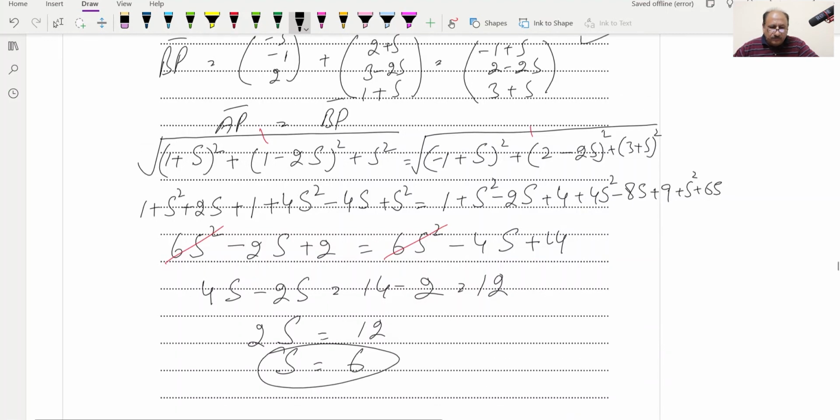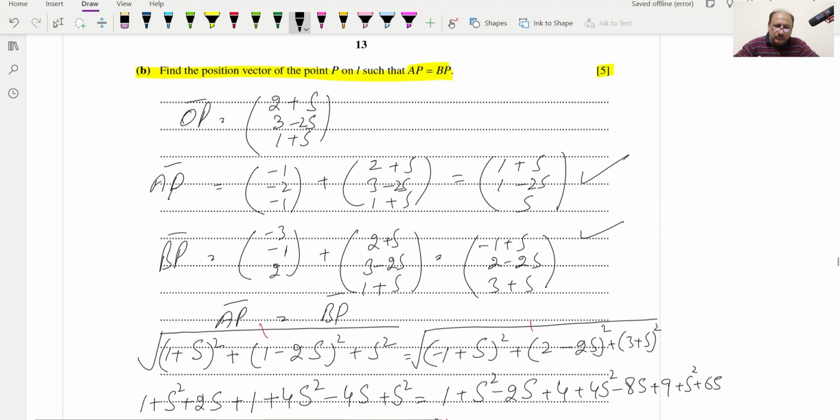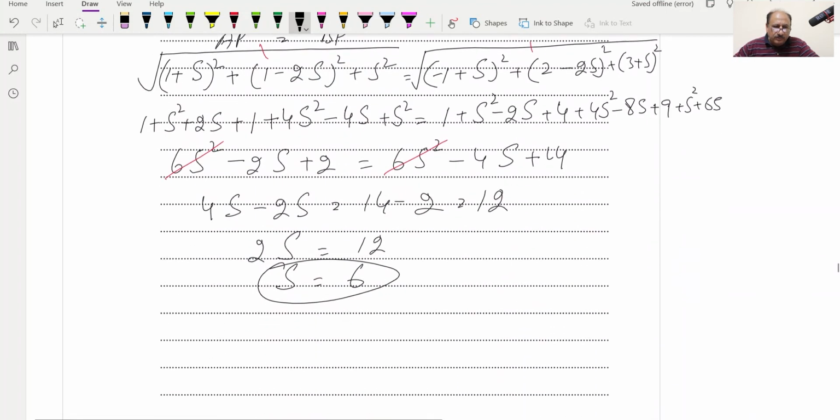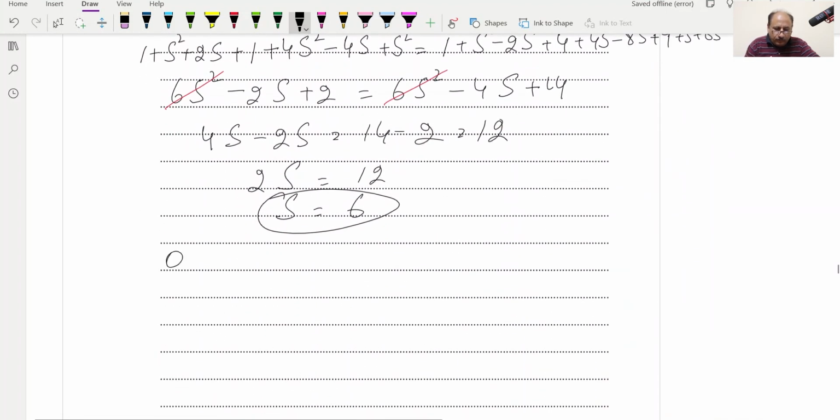This value we can replace in our OP value. OP vector will be equal to 2 plus 6, 3 minus 2s, so 3 minus 2 into 6, and the third value will be 1 plus s, which is 1 plus 6.